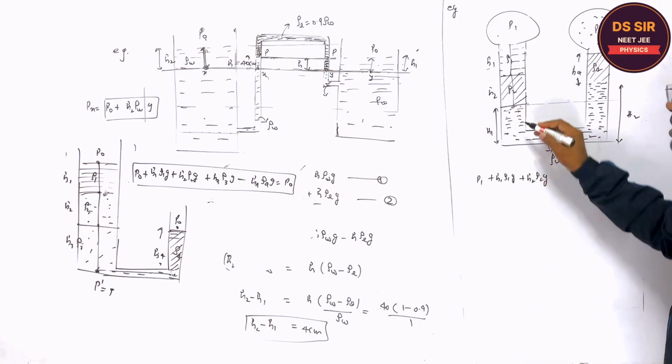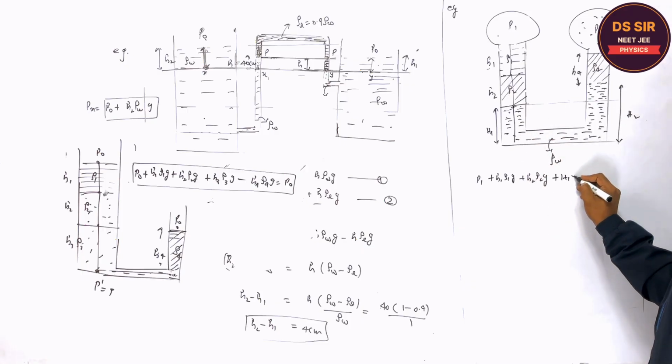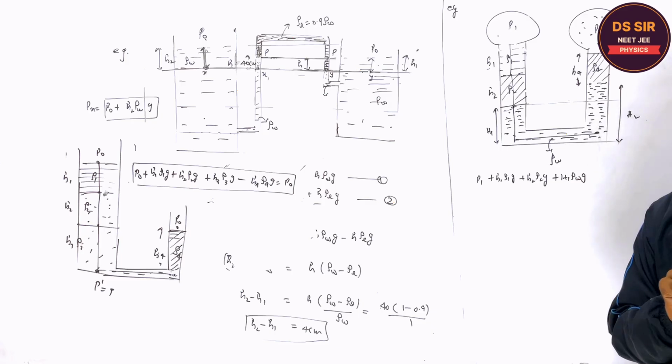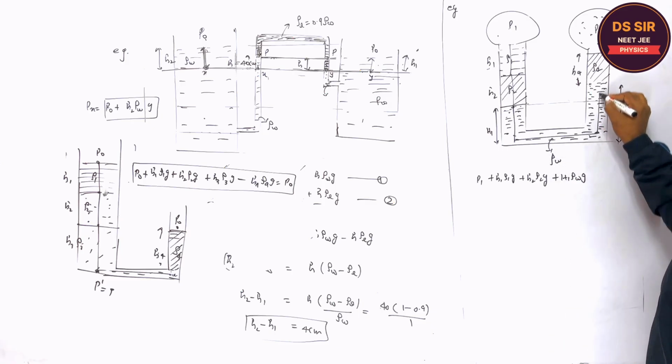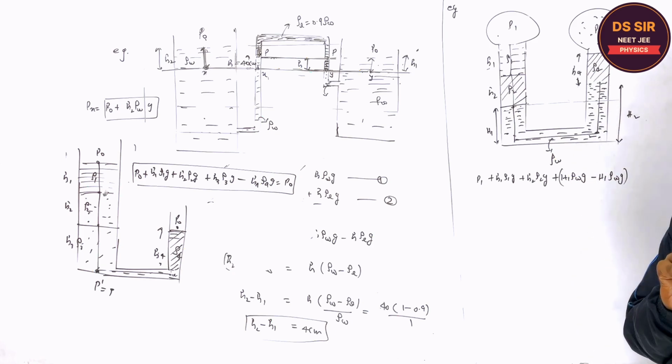Now how to do it? One way is that you may write like this, H1 rho water G. Then this pressure is the same or not? Then what to do then? H1 rho water G. Is it clear or not?